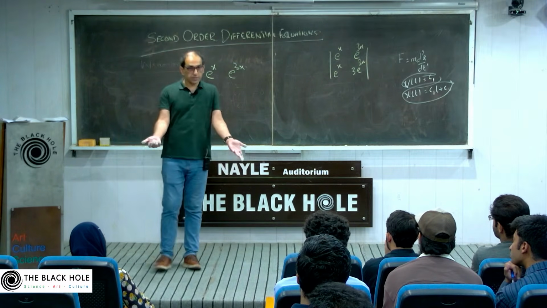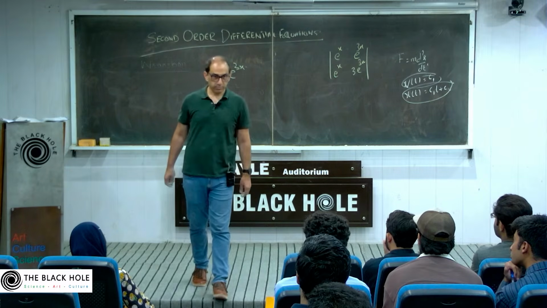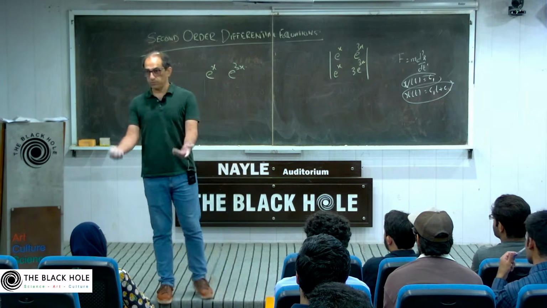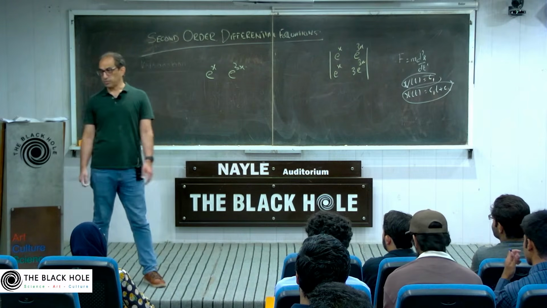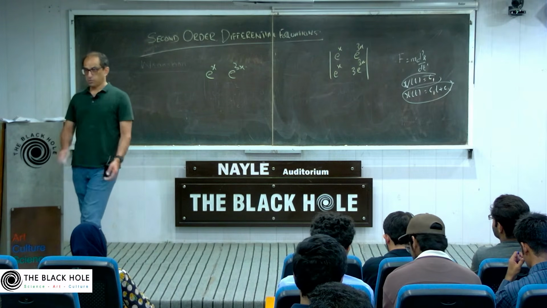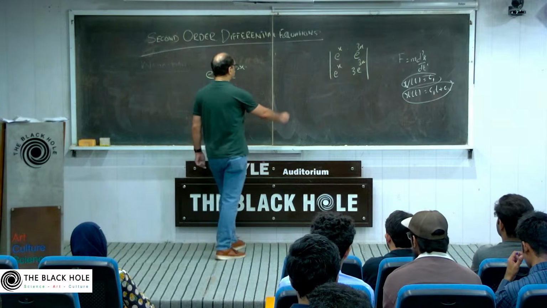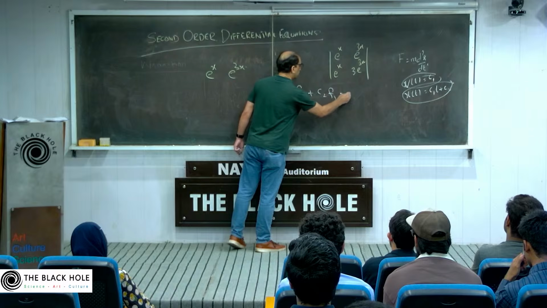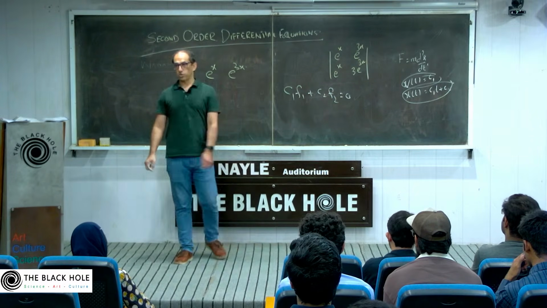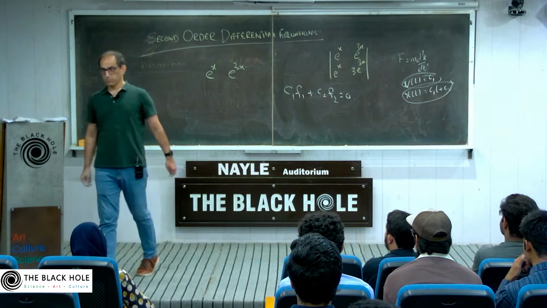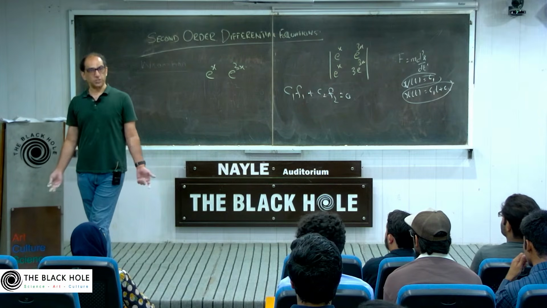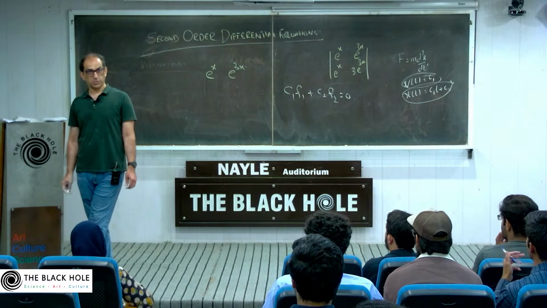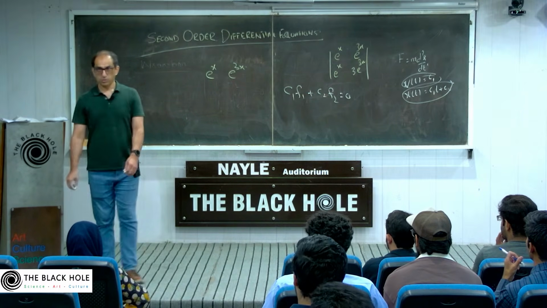So by the way, where does this Wronskian criteria come from? In anticipation, how do you write it? So let's say you write this, C1F1 plus C2F2 is equal to 0, right? So now it's a differential equation, right? So differentiability ought to be there. It has to be continuous also.